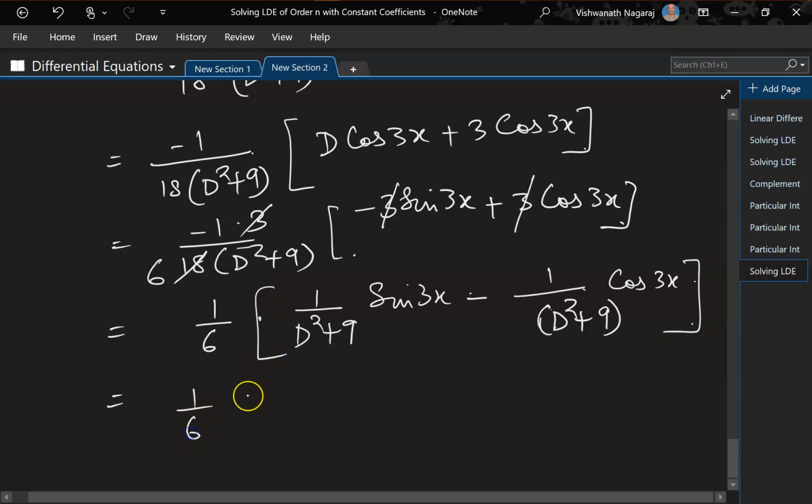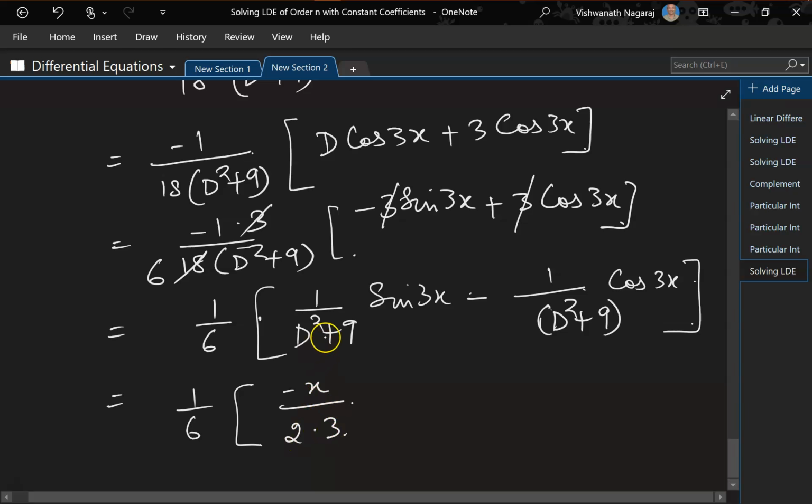And now if you look at this, this is 1 by d square plus a square sin 3x, the result that we developed, right? So which means we just have to apply that result. So which would be what? Minus x by 6, okay, 6 is outside, 2 times 3, minus x by 2a.